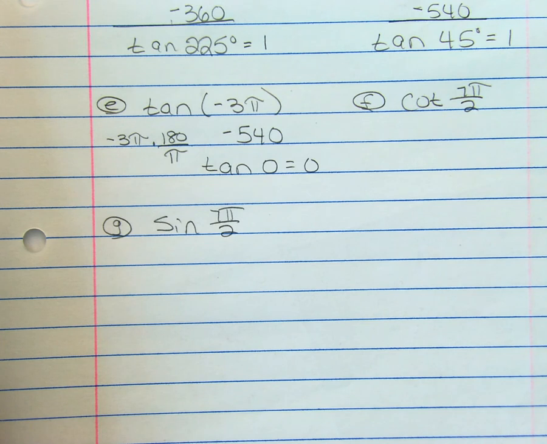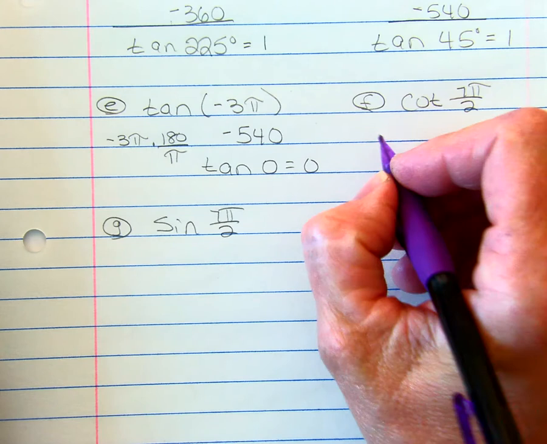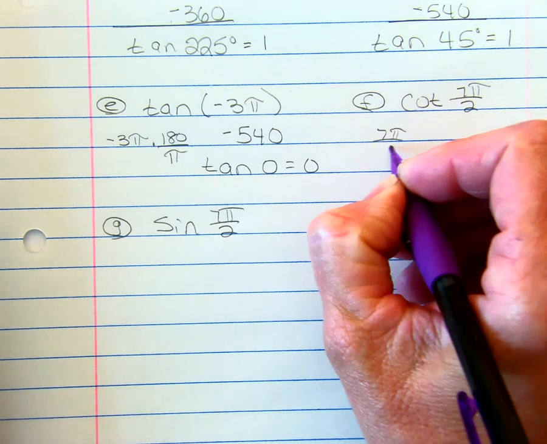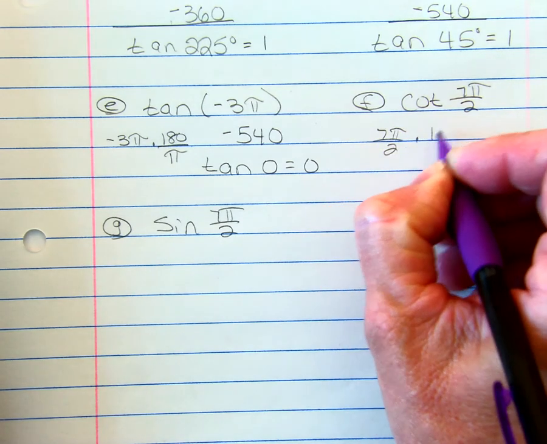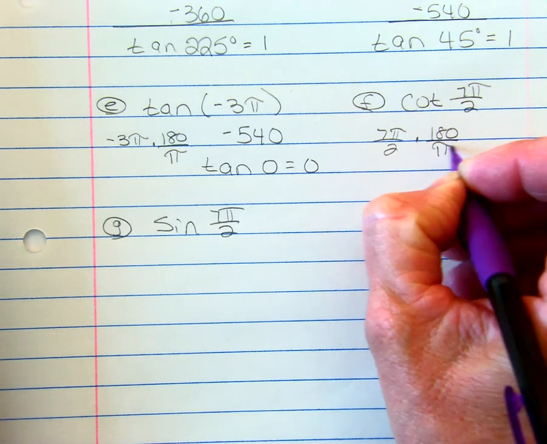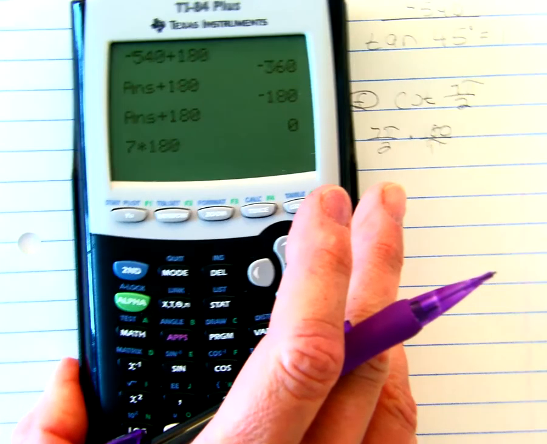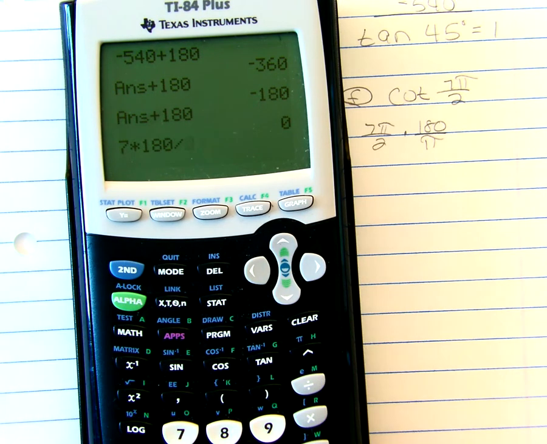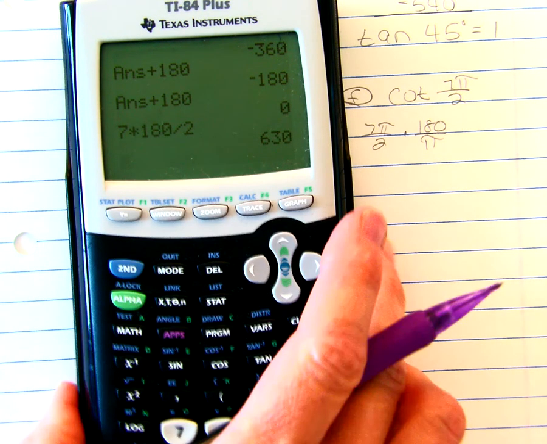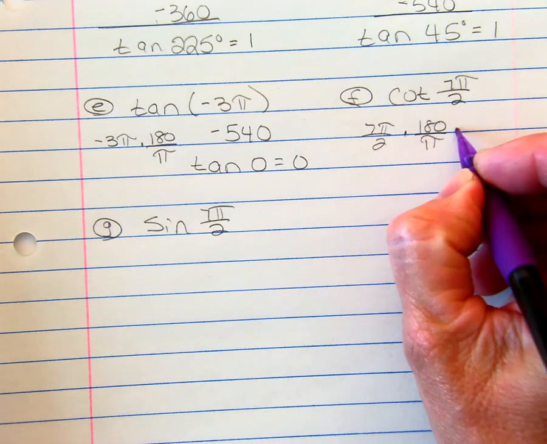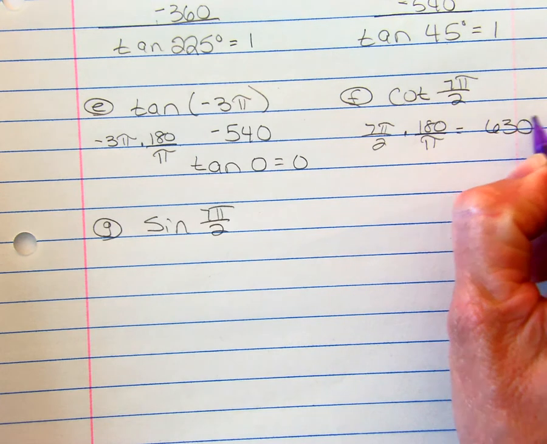Okay, hopefully you hit the pause key. Don't disappoint me now. So let's go ahead and change this to degrees. So you multiply 7 times 180, divide it by 2, and there's your 630. So we have cotangent of 630.